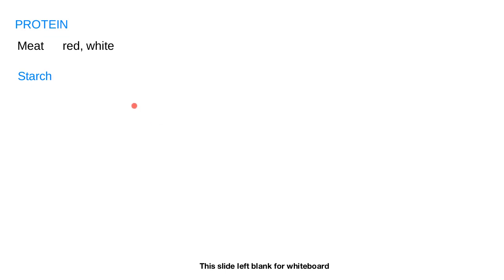It can be types of cereals or pulses, potatoes, arrowroots, pasta.